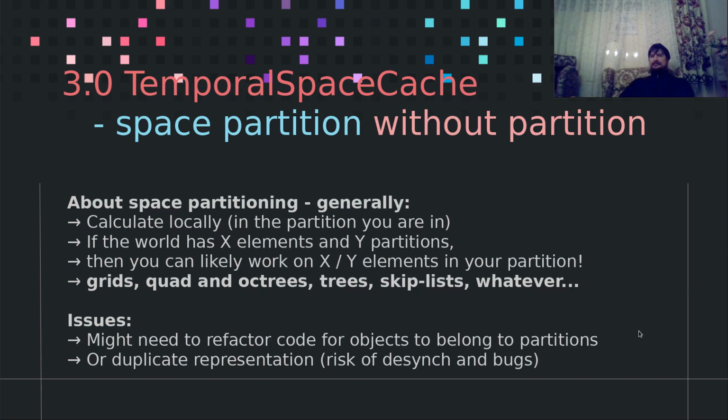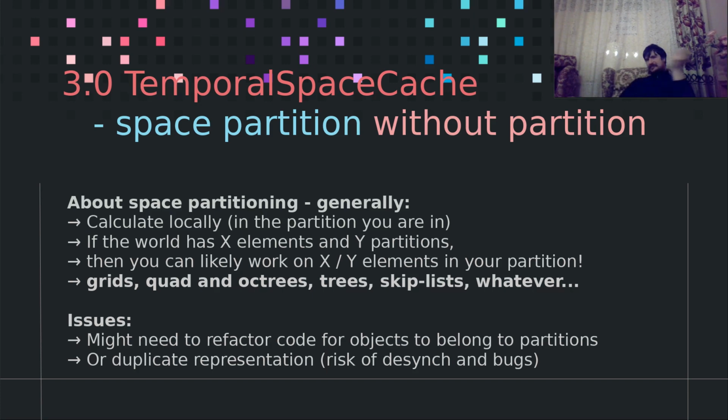And this is well known, but there are some issues with it. The first is that you might need to refactor code too much. If you don't have this space partitioning scheme for your object scheme, there comes the problem of how to refactor it effectively so that it's easy to add.